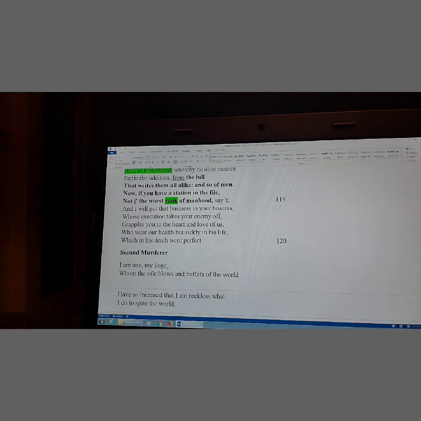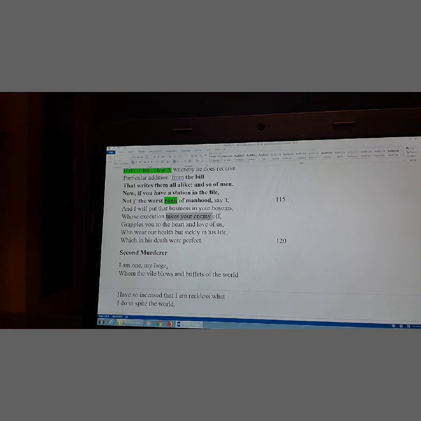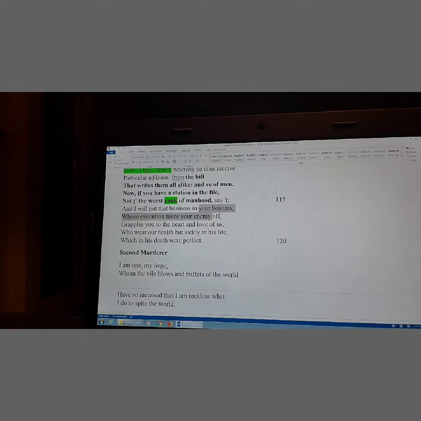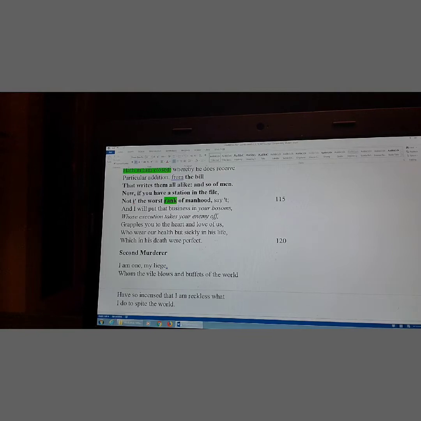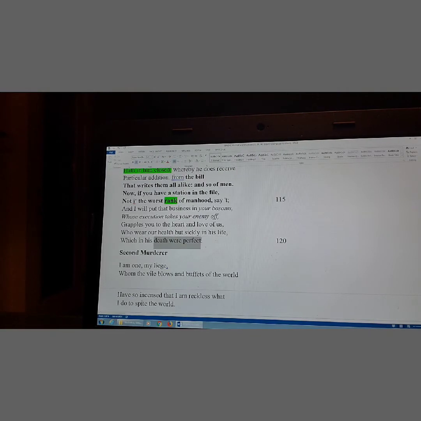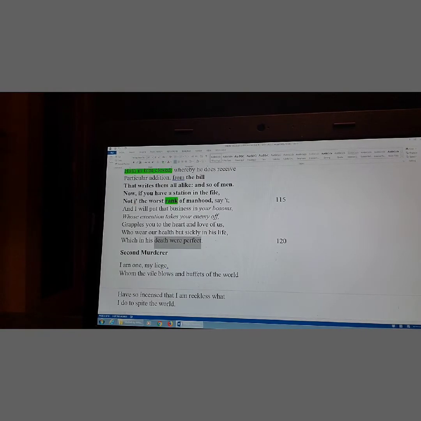Take some agency, whose execution takes your enemy off. Get rid of your enemy, and grapples you to the heart and love of us. And with his death, your lives will be better.